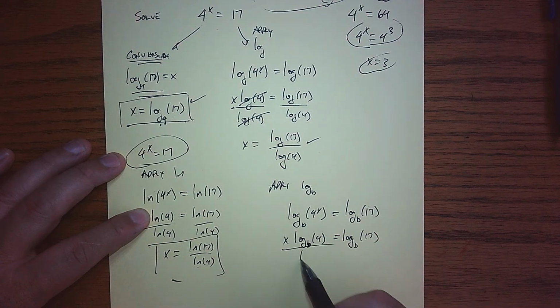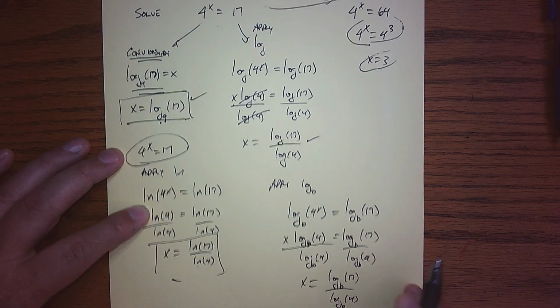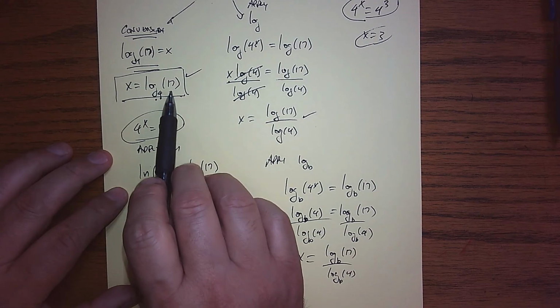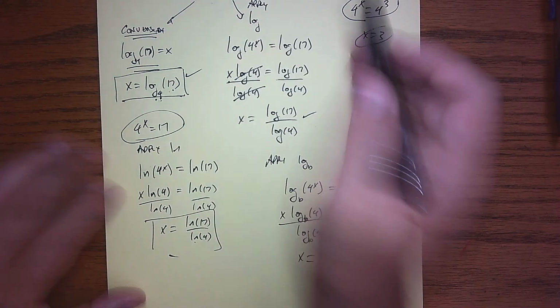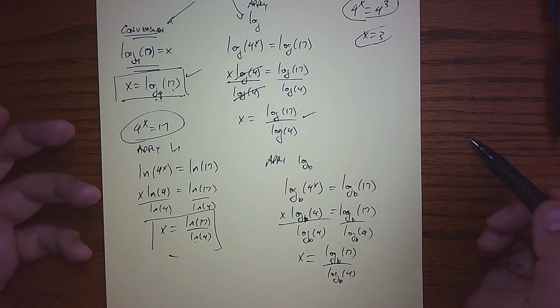Then to get x by itself, I'll divide by log base b of 4. So x is any logarithm base b of 17 divided by the same log base b of 4. Again, you can replace the 17 and the 4 with m and a, and you basically have your change of base formula. So there's your proof of it and why it actually works.